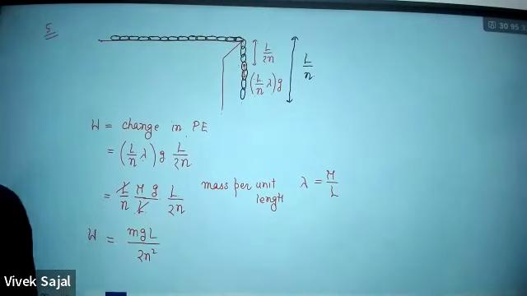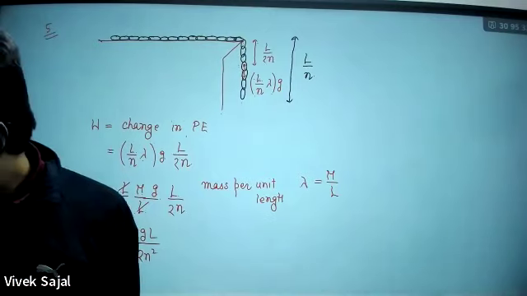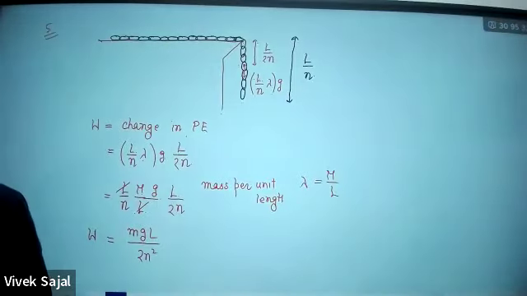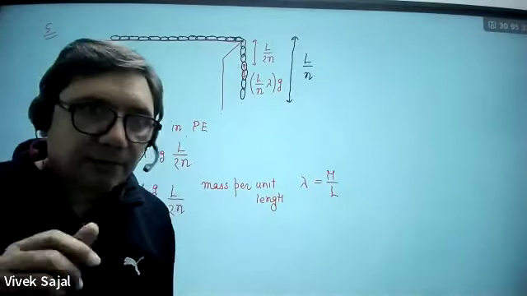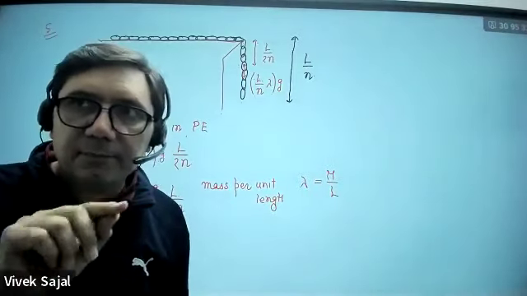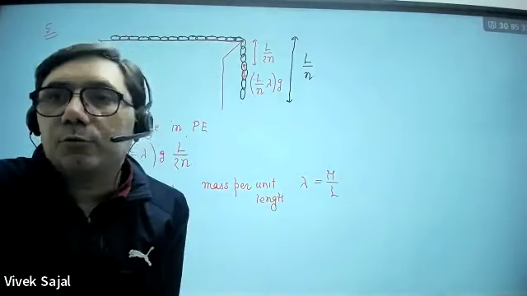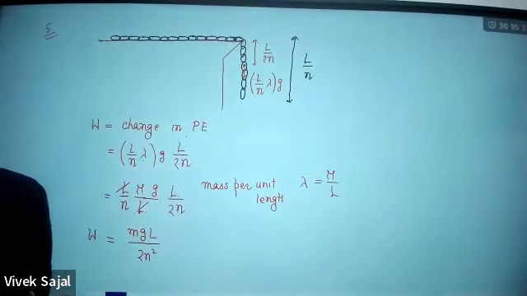Please, whatever I have shared with you, option A and B are the same. So in option B, please make a correction. That will be 2 in the denominator, so this will be 2n square.